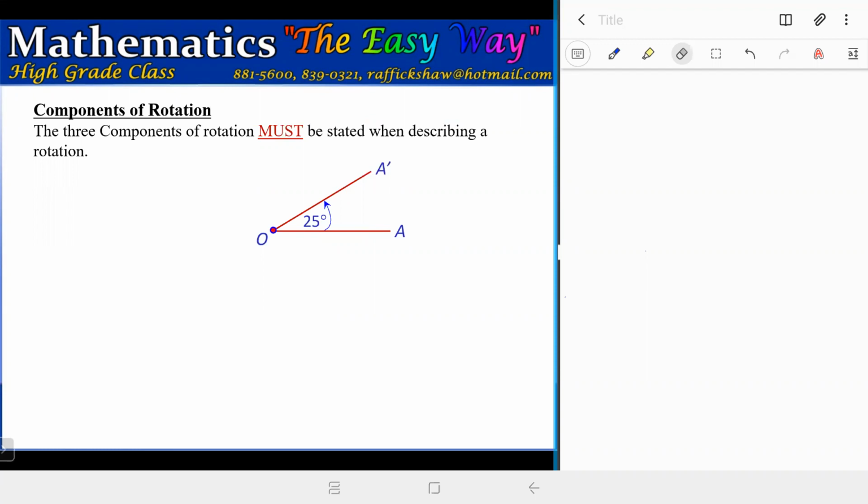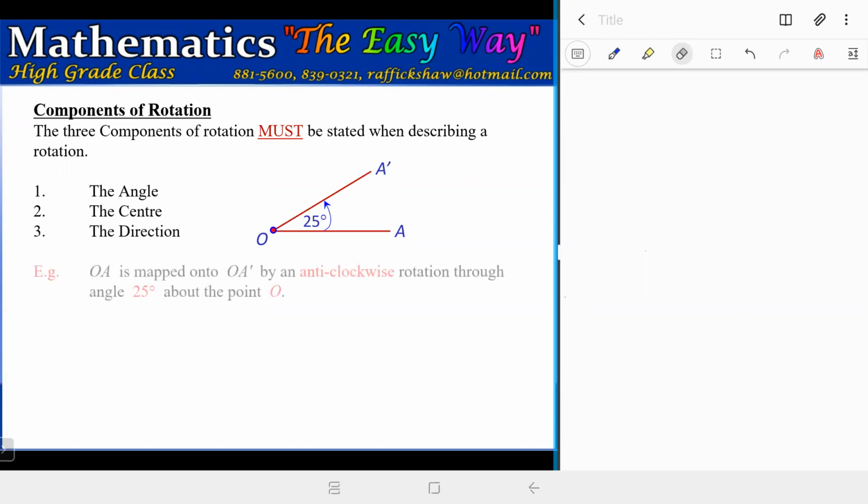Some persons will simply list the 3 components. We can also put them in a statement. The angle must be stated, the center must be stated, and the direction must be stated. If I'm describing the one in the diagram, I would say OA is mapped onto OA prime by an anti-clockwise, that's one component, the direction, rotation.